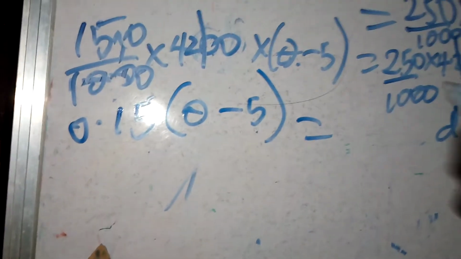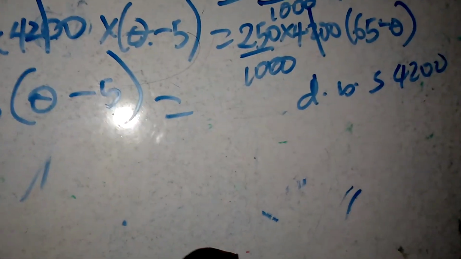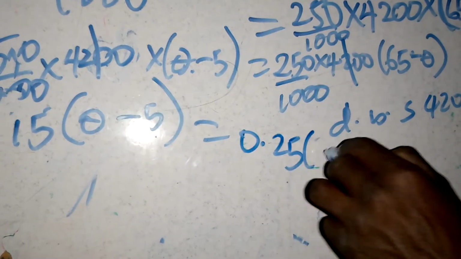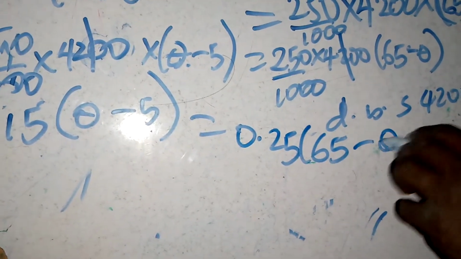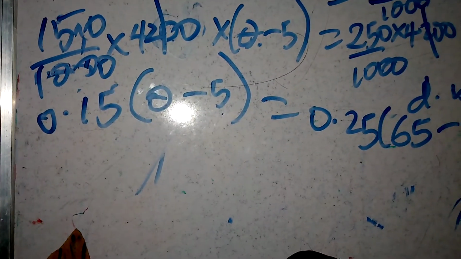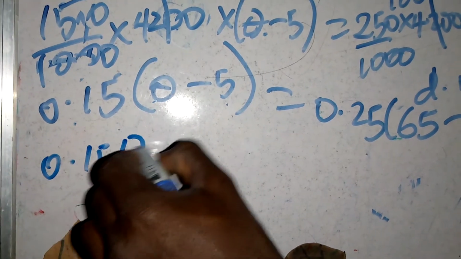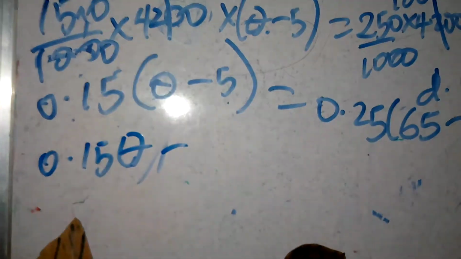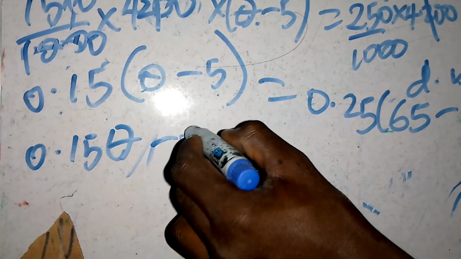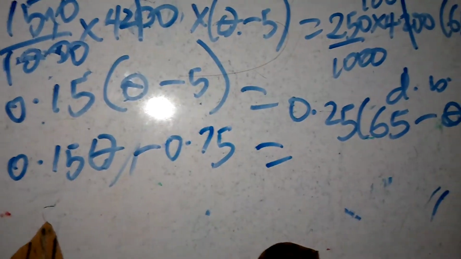On the other side, 250 divided by 1000 will give you 0.25 into bracket 65 minus theta. So when you multiply this, you will get 0.15 theta minus, and this multiplied by this also, you will get minus 0.75, equals to the other side.